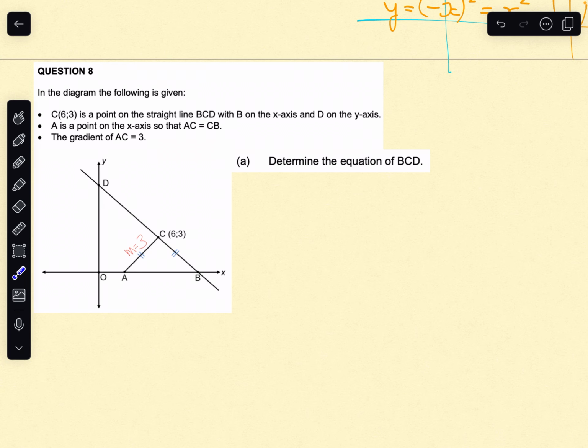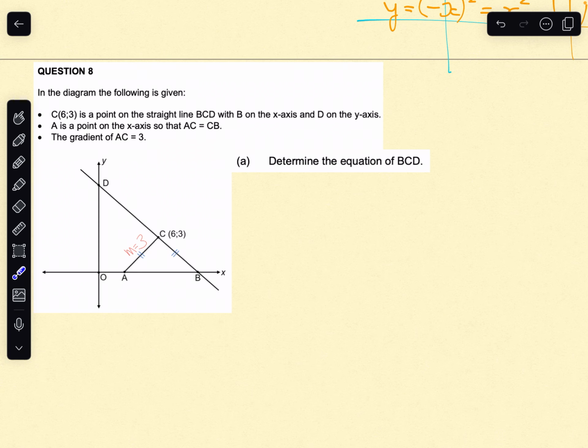We know that AC has a gradient of 3, so we can definitely determine the equation of this line. What would that be helpful for? Maybe so that we can find A, the x-intercept, and then we can work out this length, and then we know that this one also has the same length.